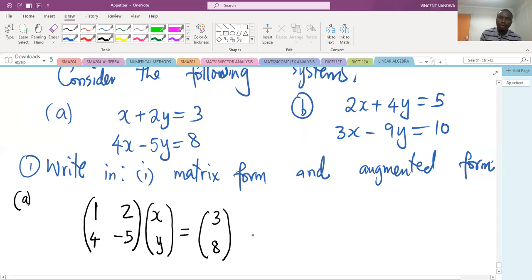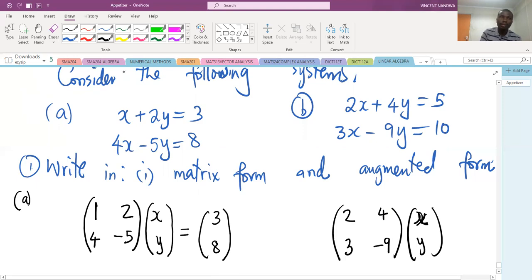So that's what we have, and this is what we call a matrix equation. And for this other one it will be 2, 4, 3, minus 9, and then x, y, and then equals 5, 10.